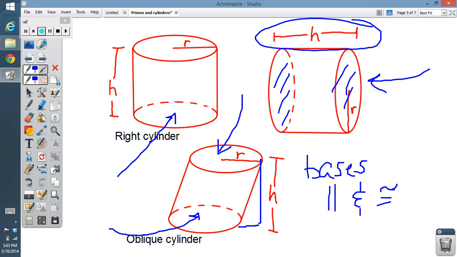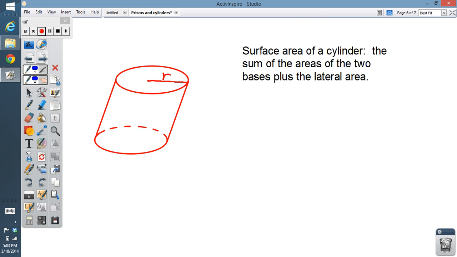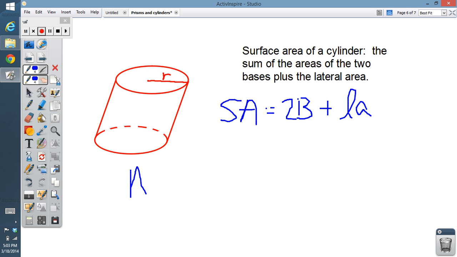What does change is the formula for the surface area of a cylinder. We're going to use the same thing, surface area equals 2b plus the lateral area, but in this case it makes it kind of easier, right? The area of the circle, the area of the base, is pi r squared, right?